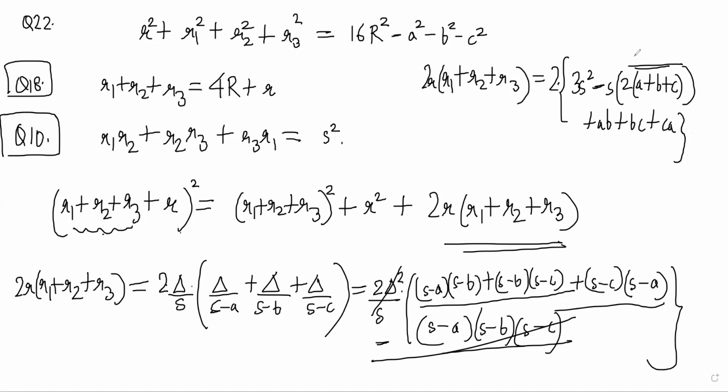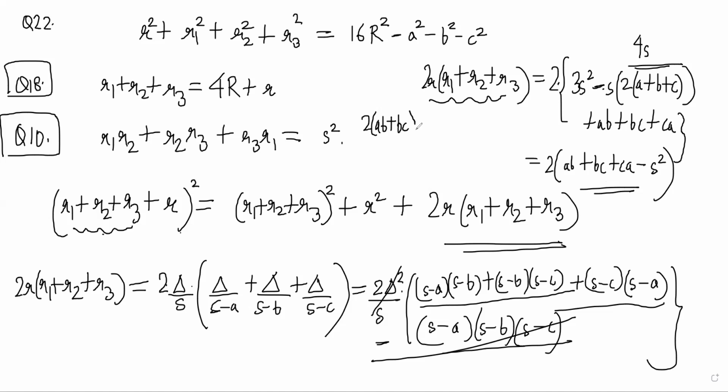Correct. So minus 4s into s, so minus 4s square. So you get 2 times (ab plus bc plus ca) minus s square, right? So basically this expression is equal to 2 times (ab plus bc plus ca) minus 2s square, right?